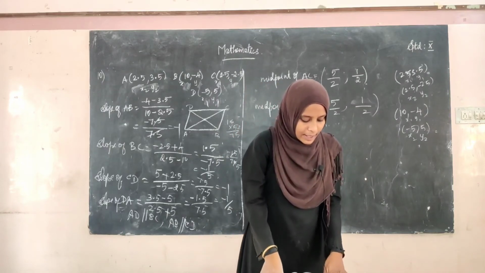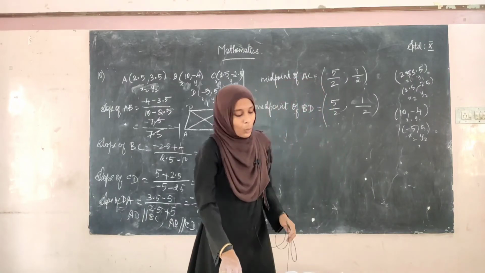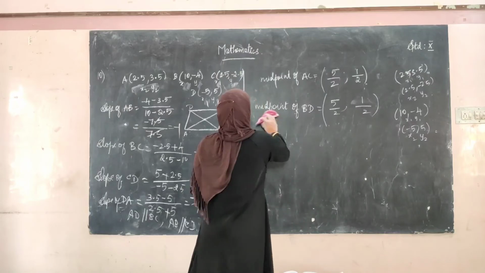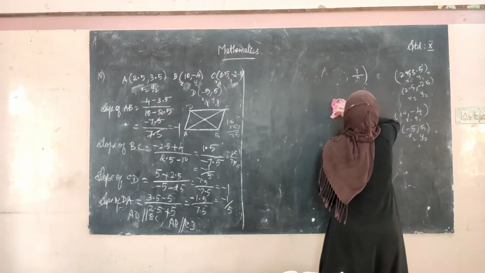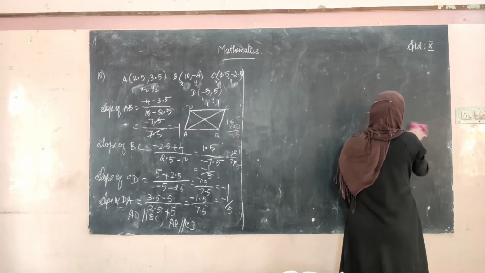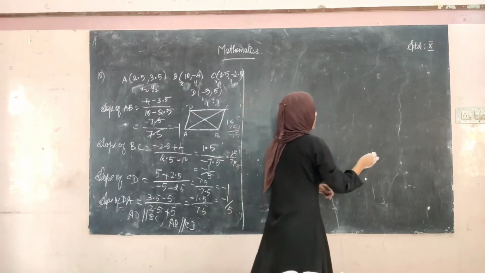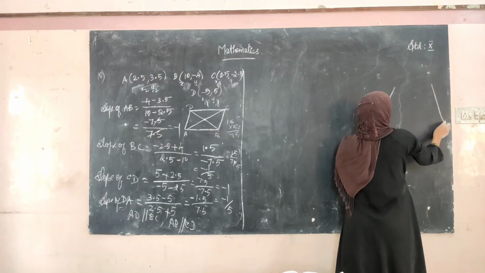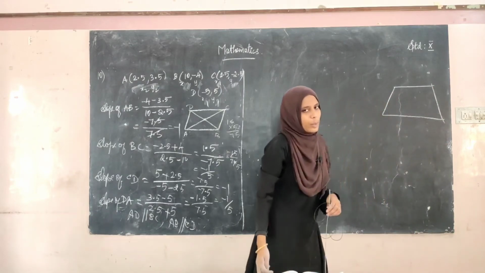Given A, B, C, D, show that A, B, C, D is a trapezium. What is a trapezium? Trapezium means it will be like this.